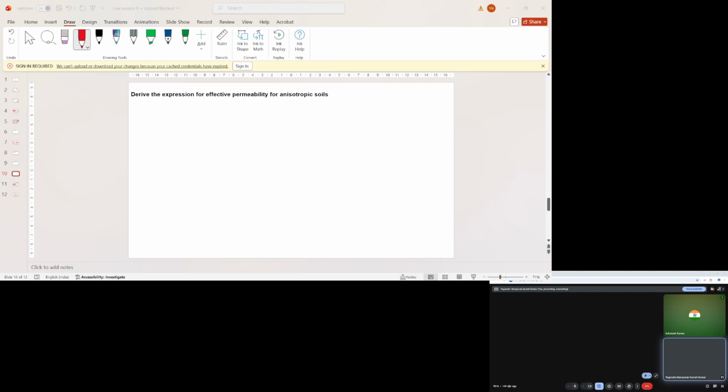Isotropic means at one point, in all directions, it is the same, but anisotropy is different. Consider a two-dimensional system. What does isotropy mean and what does anisotropy mean?